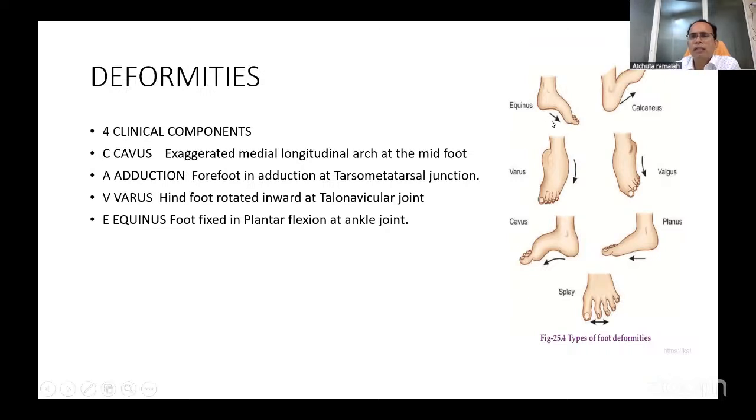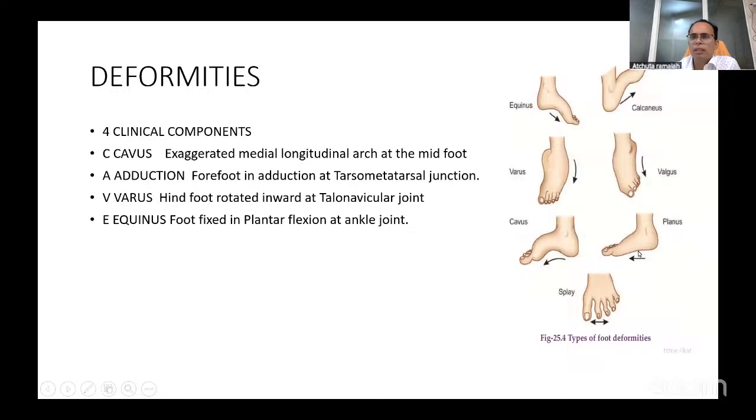One is equinus. It is a plantar flexed position with the midfoot concave, the heel upward, and the forefoot touching the ground. In a normal foot, the forefoot, midfoot, and hindfoot touch the ground, and at the midfoot level there will be a small medial plantar arch.